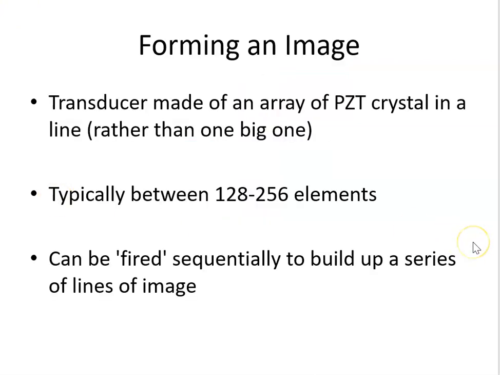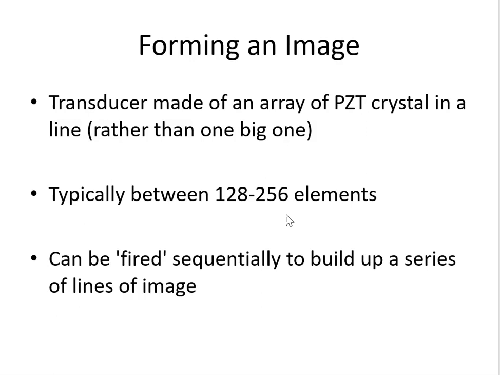Now the images are formed by a piezoelectric crystal array, and these are all in a line. If you just had one big crystal, you'd be able to fire one sound wave at a time. So typically you have 128 or 256 elements in the crystal, and these can all be fired sequentially.